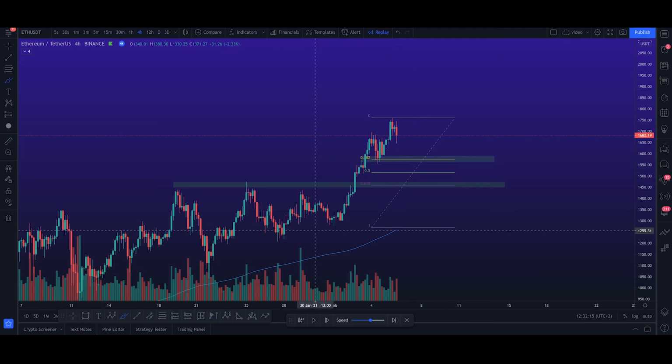And the last possibility, that it doesn't hold any level at all, so it heads down under the 1 level, so the starting point of the trend.